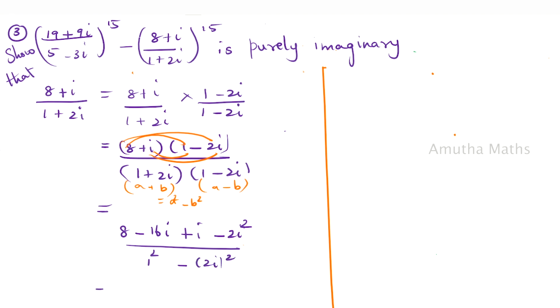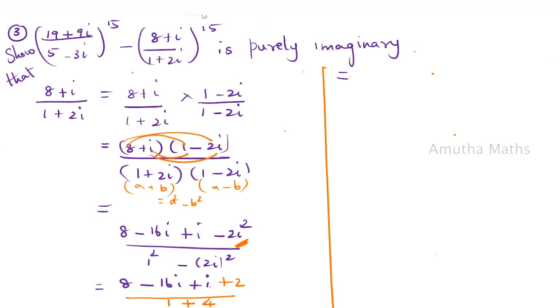So this is equal to 8 minus 16i plus i. Here i square is minus 1. So minus 2 into minus 1 is plus 2. So plus 2 divided by 1 square is 1. So 1 plus 4. Okay.